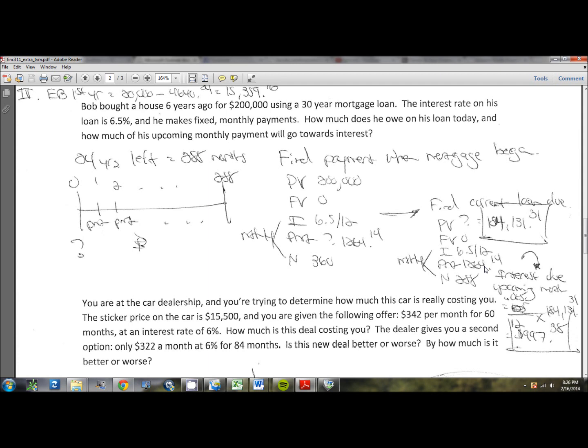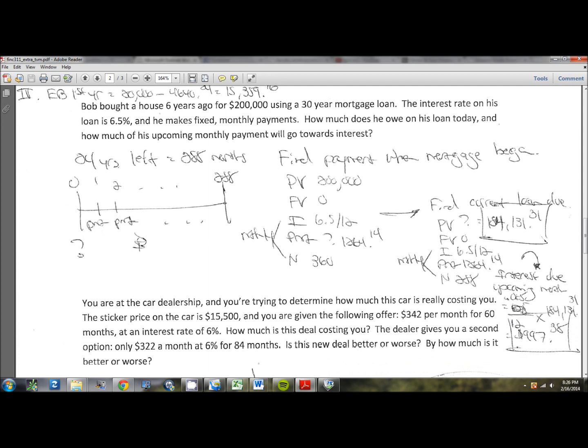Now, how much of his next payment is going to be interest? Here is where you have to draw on what you learned in your amortization schedules. Remember, in step 2 of your amortization schedules, to find the interest paid in any given period, you simply take the interest rate times the beginning balance. So his beginning balance is $184,131.31. You see that right here. And his interest rate needs to be on a monthly basis, and it needs to be a decimal.